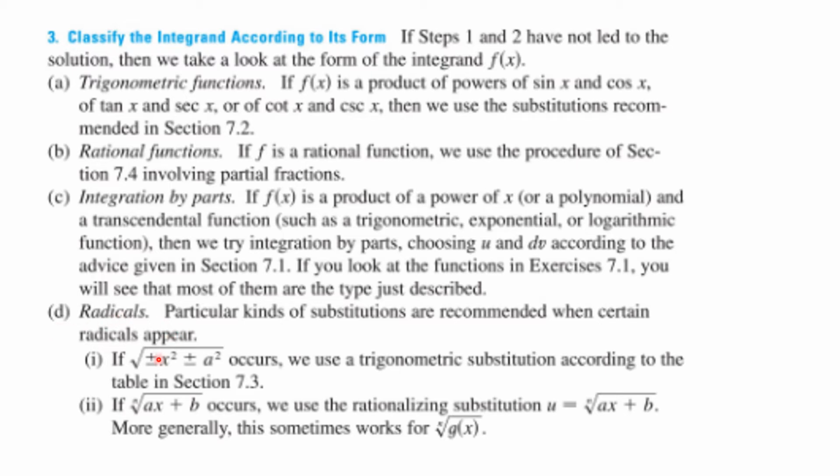And so if you run across this, you want to think about using trig substitutions. And if you run across this, the nth root of ax plus b, you can use rationalizing substitutions u equal that nth root sometimes. And more generally, this works for the nth root of g of x.